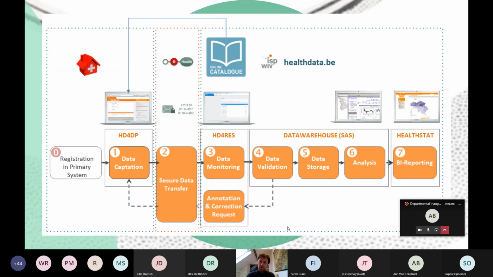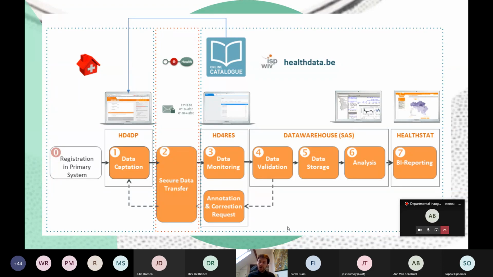It would allow additional information which would not be routinely collected, but that's not the idea. The idea is to collect only that data which is really routinely collected within the primary system. This data is then coded and encrypted, pseudonymized during that process, and sent to Sciensano, where the infrastructure is called Healthdata.